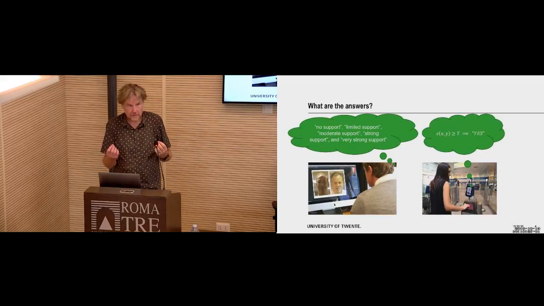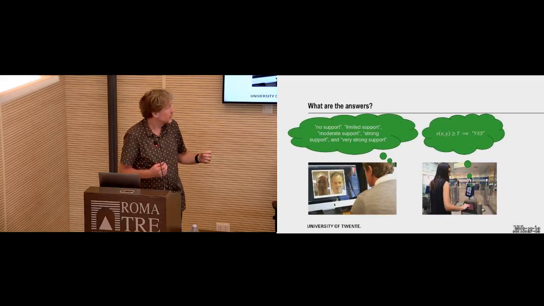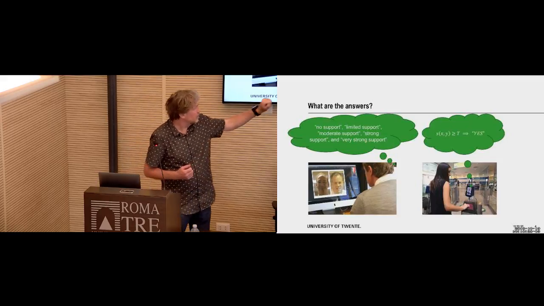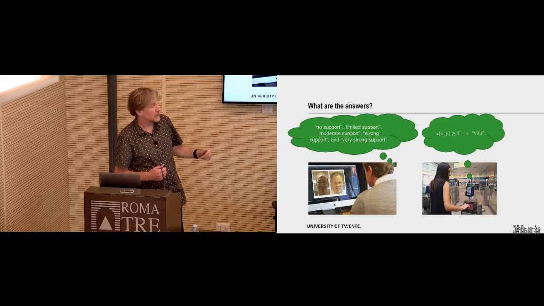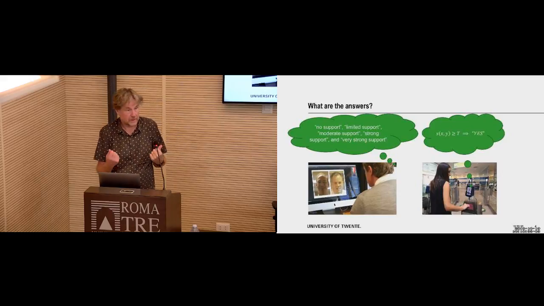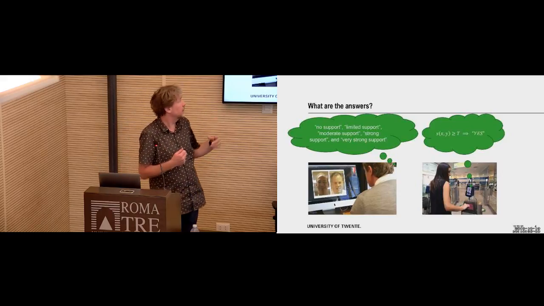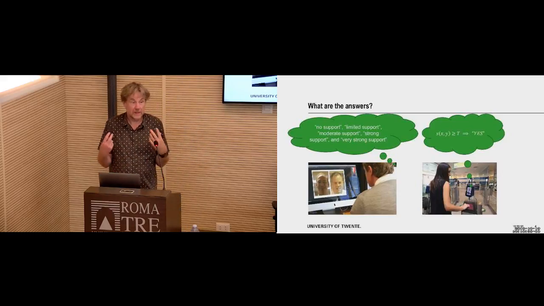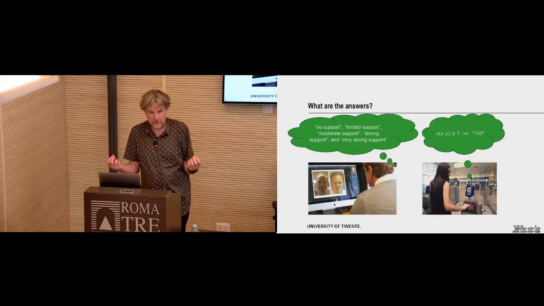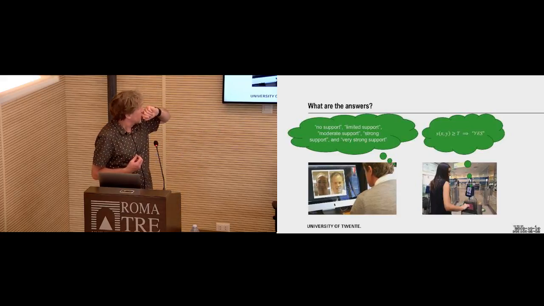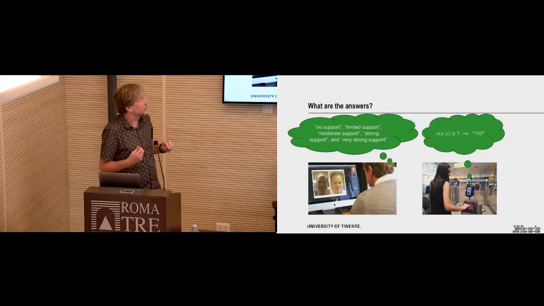The answers could be a bit different. For instance, in the biometric system on the right hand side, we compute some similarity score of images X and Y, and if it's above a threshold, we decide yes, these images are from the same person. The forensic examiner will, in his report, write something.